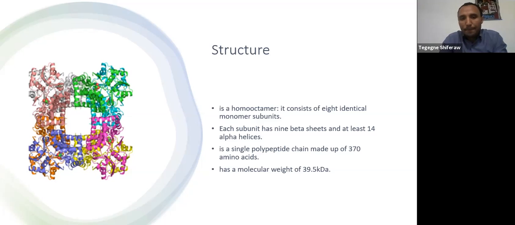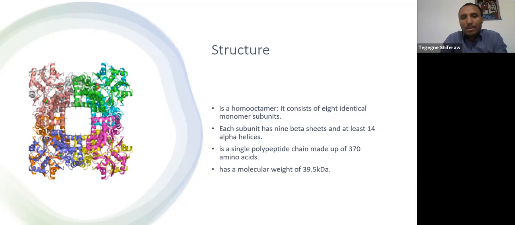And as most researchers show, this enzyme is a homooctamer. That means it consists of 8 identical monomer units, and each monomer has 9 beta sheets and at least 13 or 14 alpha helices.